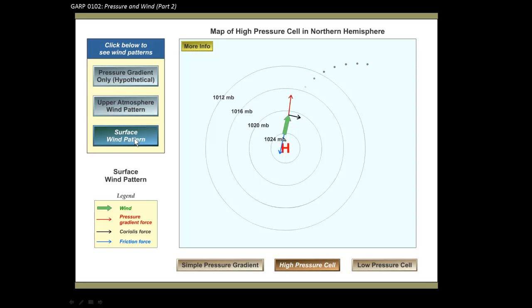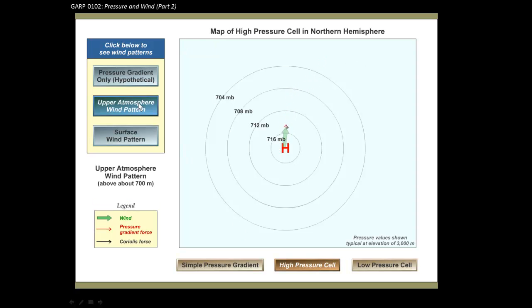Let's look at the same thing in the upper atmosphere. First of all, notice how much faster the arrows are moving. Well, that makes sense because we are in the upper atmosphere. There's no friction. Wind is blowing parallel to the isobars because there's only two forces. They balance each other out.